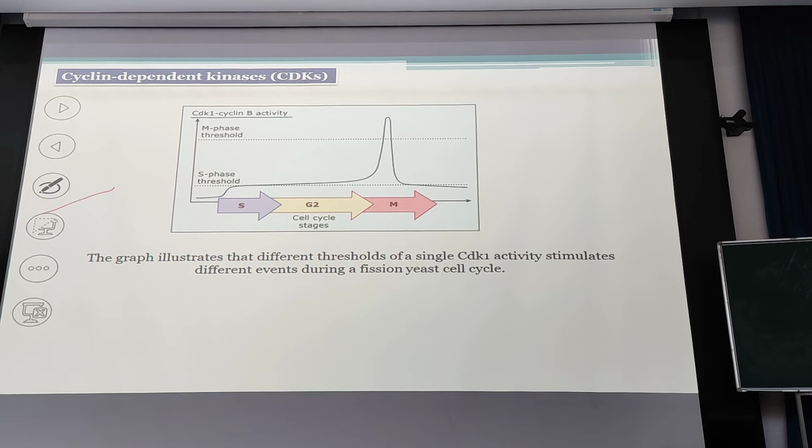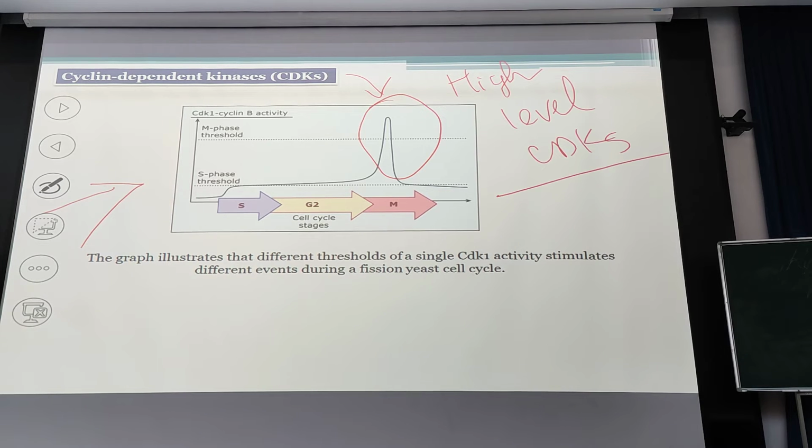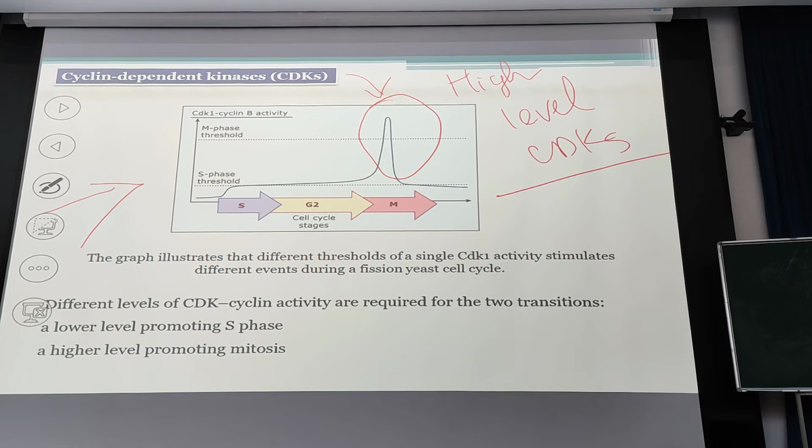And again we have the graph, the same as for the cyclins. This graph illustrates that different levels of CDK activity stimulate different events during the cell cycle of fission yeast. During mitosis there is a very high level of the CDKs. So it is believed that different levels of CDK and cyclin activity are required for the two transitions.